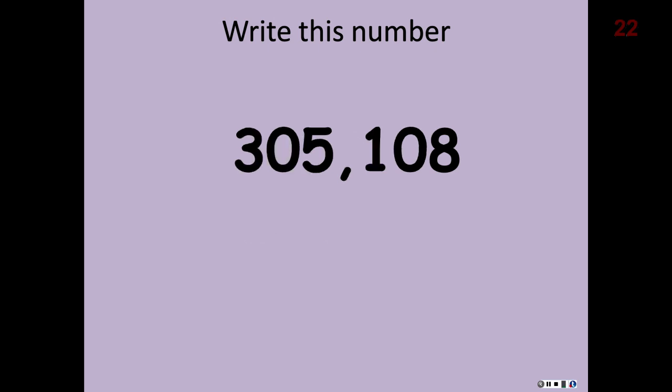Write this number. Anything I need to be careful of here? Just the zeros. Just the zeros, okay? So somebody read this one out loud to me. Okay? Go ahead, Thompson.